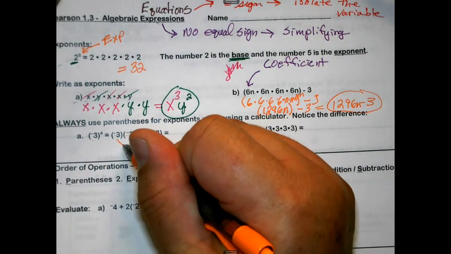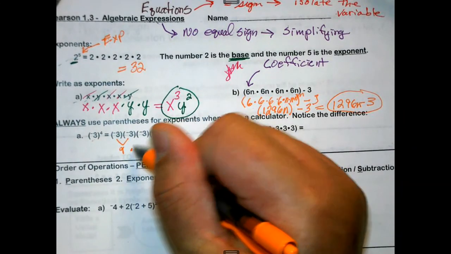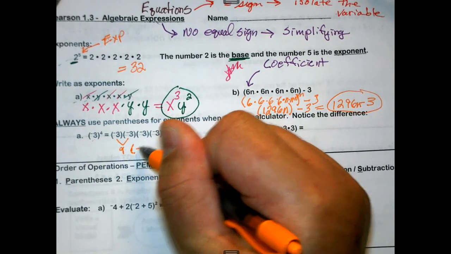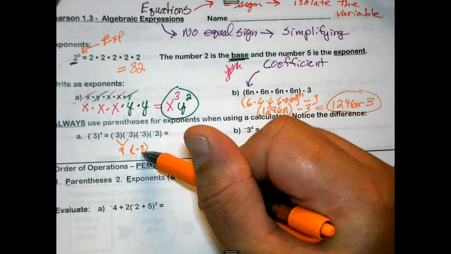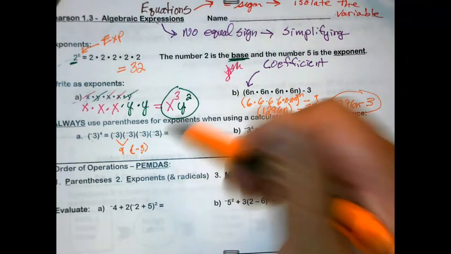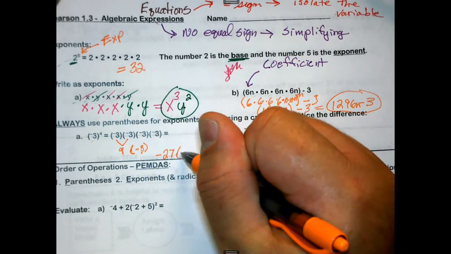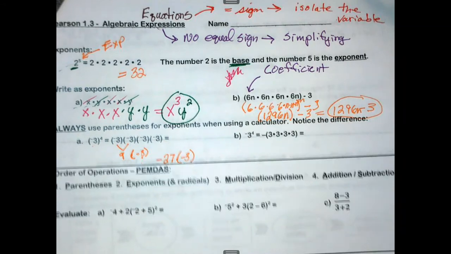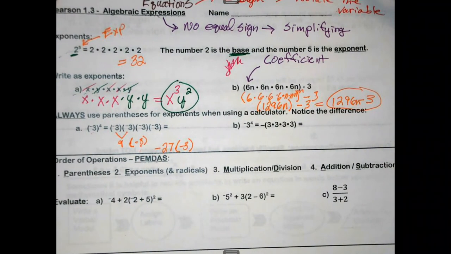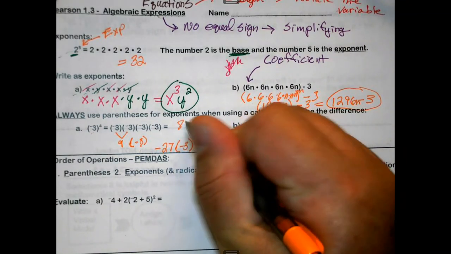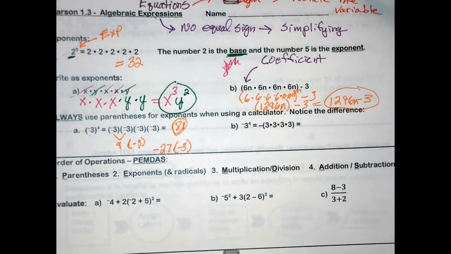Negative 3 times negative 3 is positive 9 times, I'll put parentheses, times negative 3, negative 27 times negative 3. So negative 27 times negative 3. Positive 81.